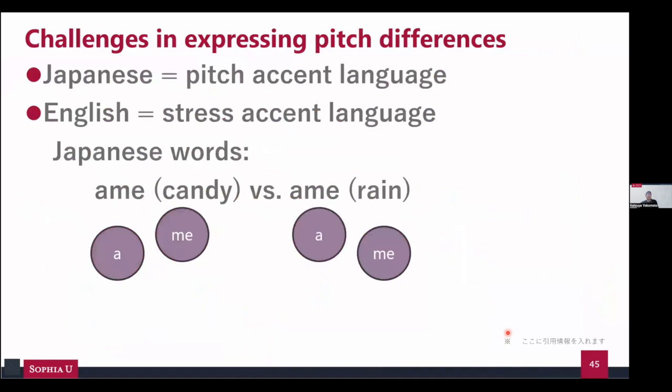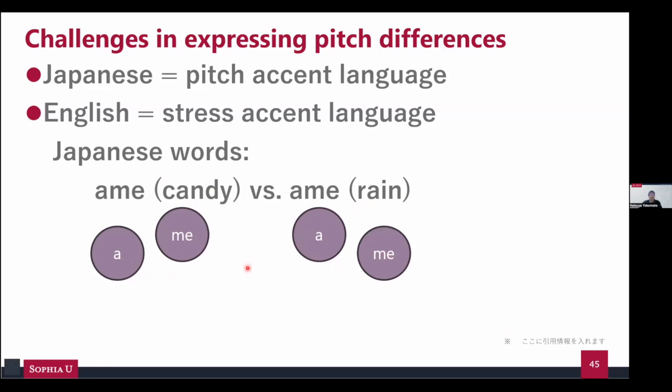And the final challenge is in expressing pitch difference. Japanese is a pitch accent language and English is a stress accent language. Maybe you're not familiar with that, so let me explain. Japanese words, ame and ame: we distinguish those two different words, candy or rain, by the pitch difference only.